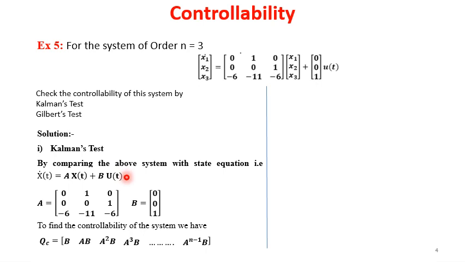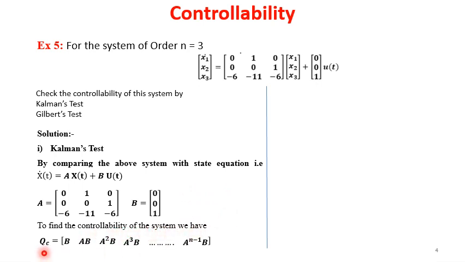When we compare this with the given equation, we come to know that A is equal to the matrix 0 1 0, 0 0 1, minus 6 minus 11 minus 6, and B is equal to 0 0 1.